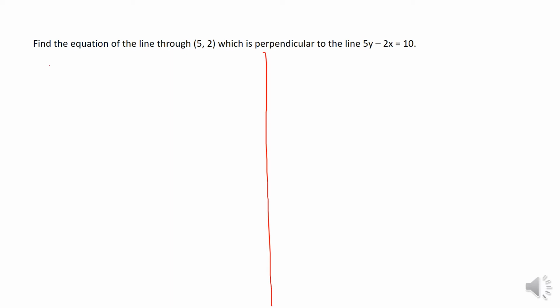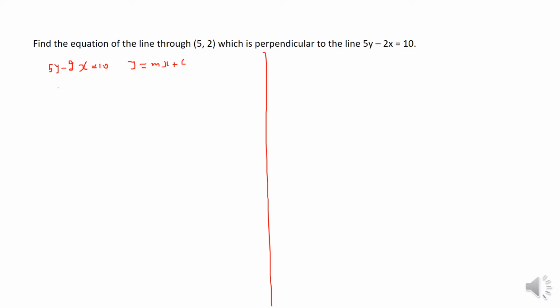We have 5y minus 2x is equal to 10. The form of the equation of a line is y equals mx plus c.